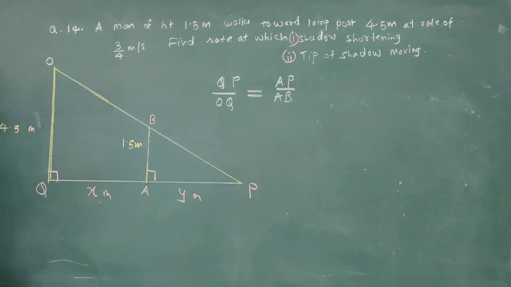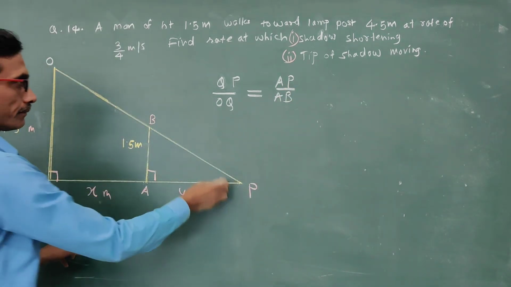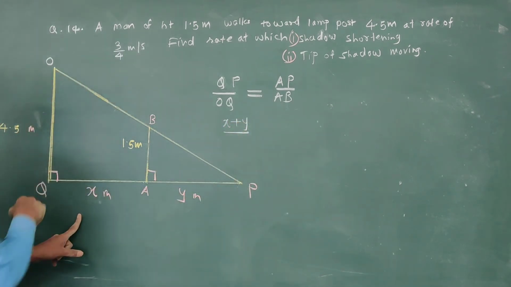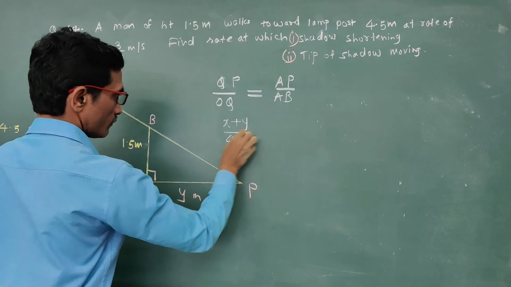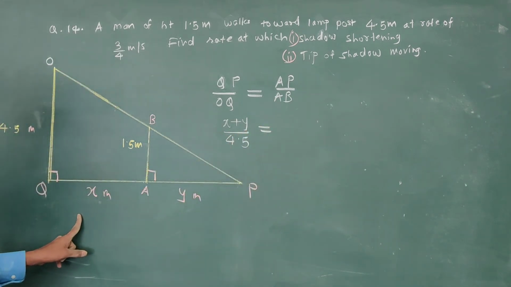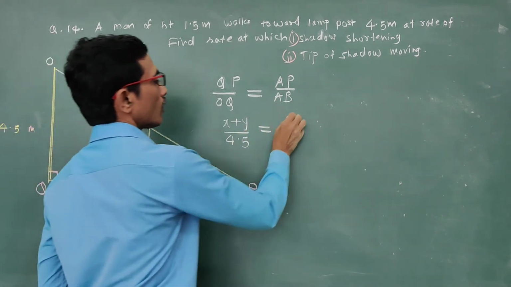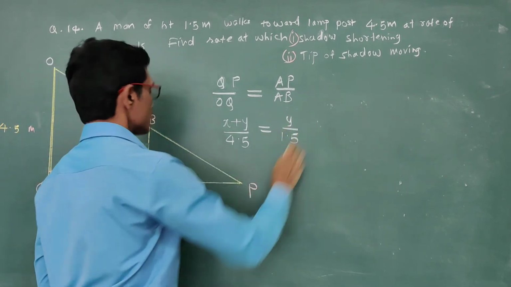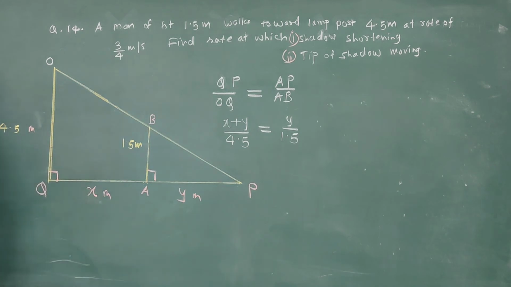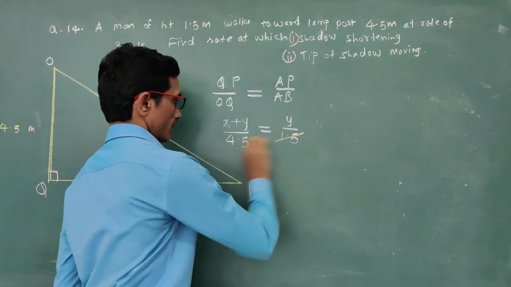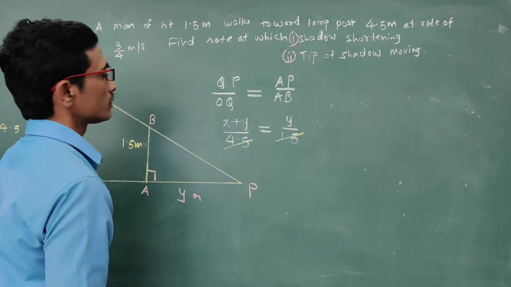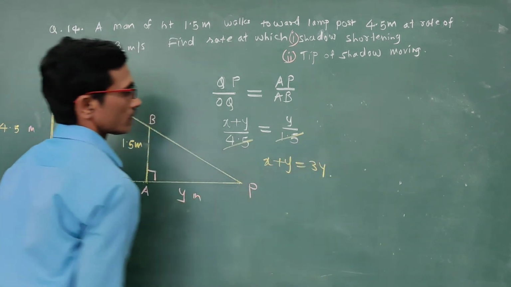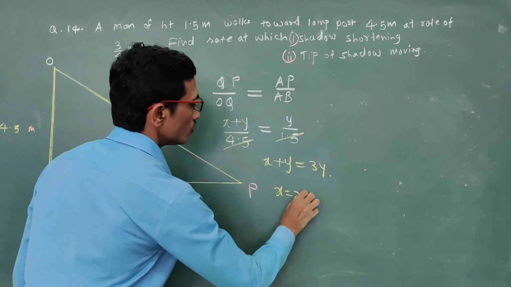So here QP is equal to x plus y, and this is 4.5, equal to AP, which is y, upon AB, which is 1.5. This is getting cancelled, and we are getting 3, and this 3 cross multiplication will give us x plus y is equal to 3y. That is x is equal to 2y.